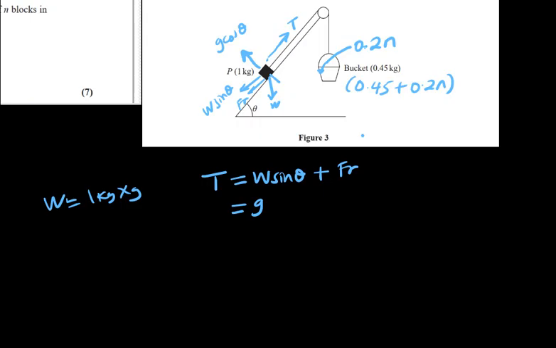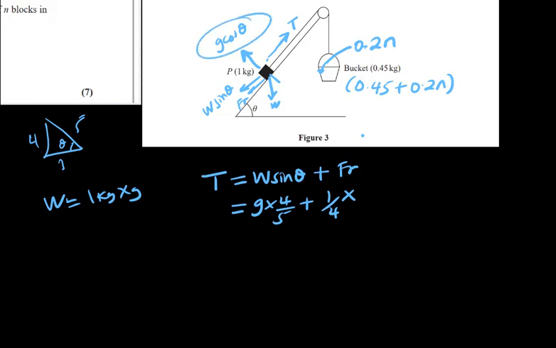If this is a 4 and this is 3 and this is a 5, then sine theta should be 4 over 5. Then plus mu, we got it as a quarter, times our normal reaction force, which is G cos theta. So it will be G multiplied by cos theta, which is 3 over 5. And this is the same as our tension.